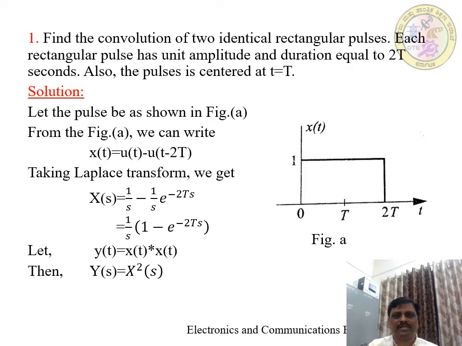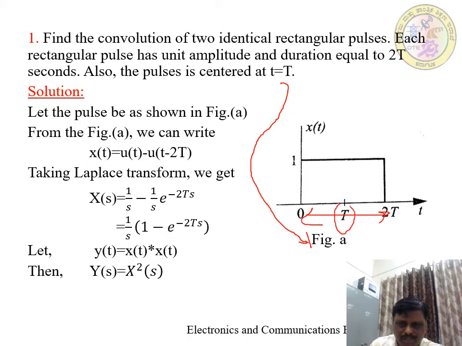Also, the pulse is centered at t equal to T. According to this example, if I draw the pulse shown in figure A, you can see that the duration of this function is 2T, centered at small t equal to capital T. The amplitude of this function is equal to 1.